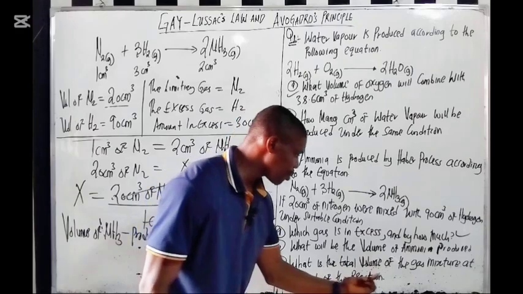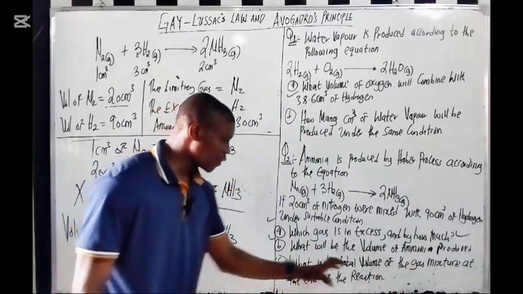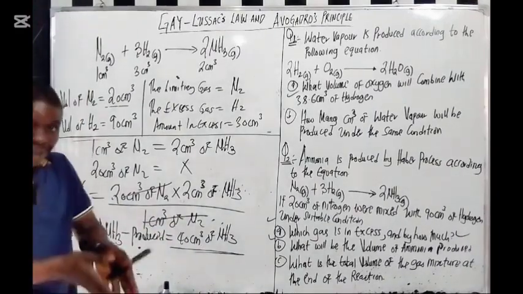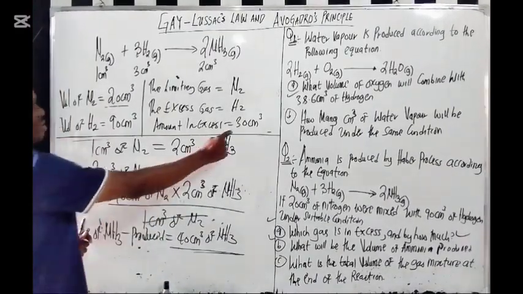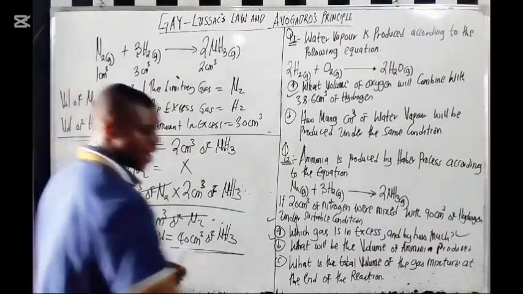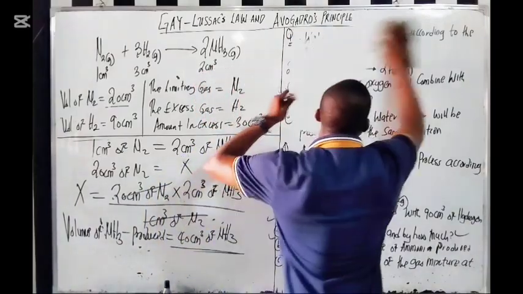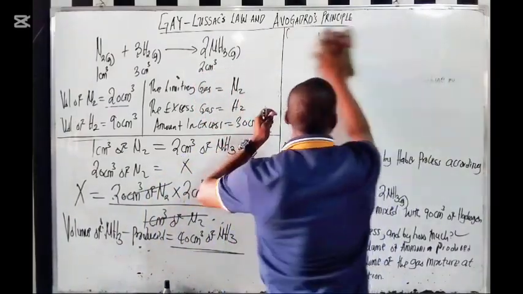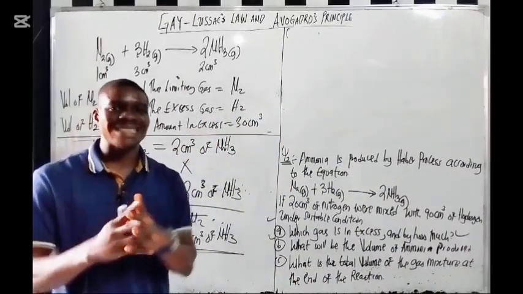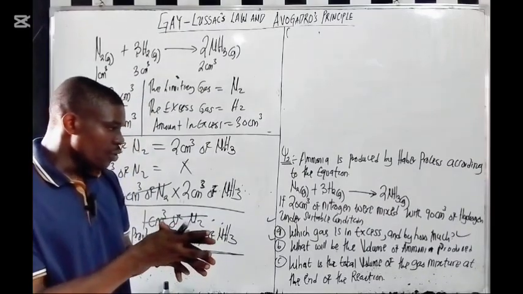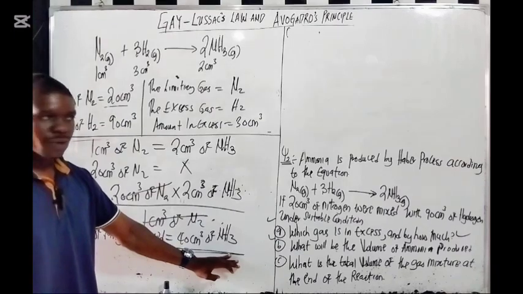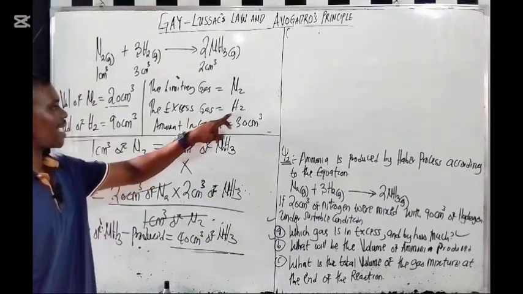What is the total volume of gas mixture at the end of the reaction? Look at this. At the end of the reaction, NH3 was produced, so it remained in the reaction, right? Now 30 cm³ was in excess. Please pay attention here. The total volume of the mixture at the end of the reaction is the volume of NH3 produced plus the volume of excess N2 that remained.